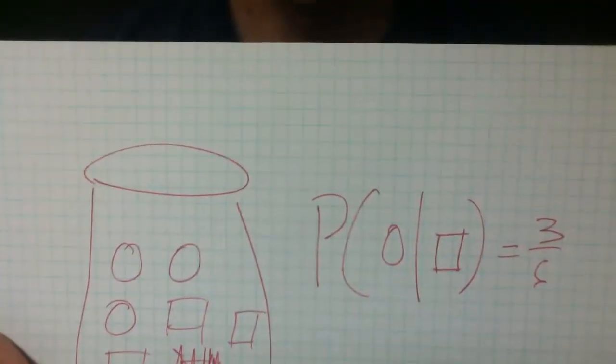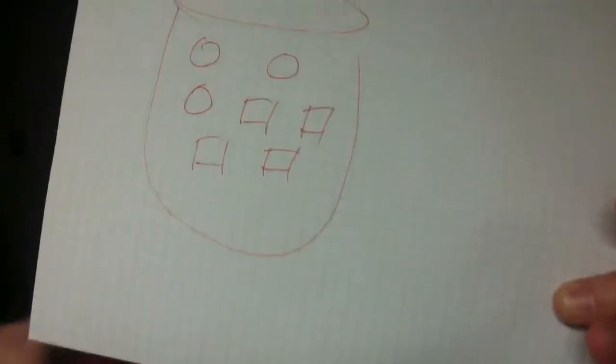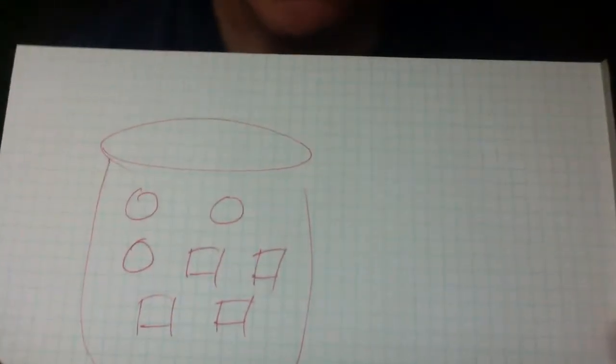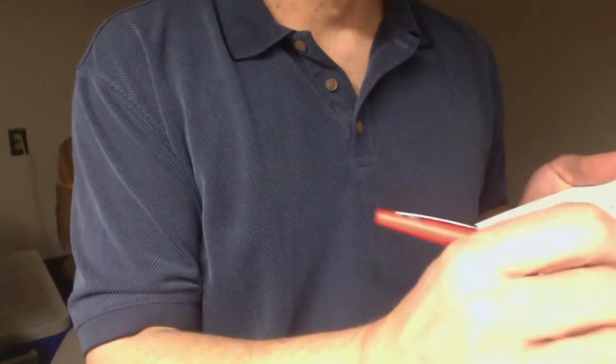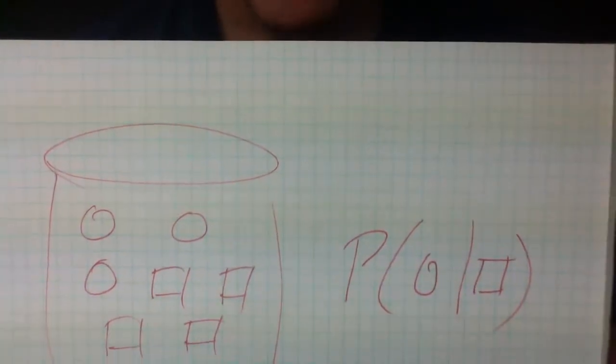Now let's do the same idea, or an example, where we have a jar with 3 circles and 4 squares. And we're going to ask the exact same probability. The probability of a circle given on our first draw, we pulled out a square. But I've put it back in.